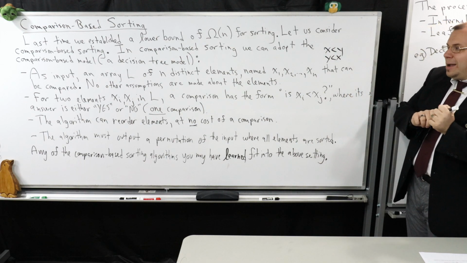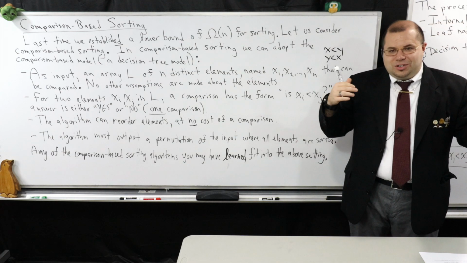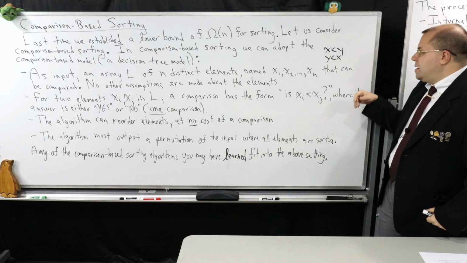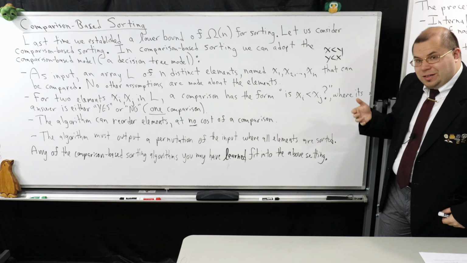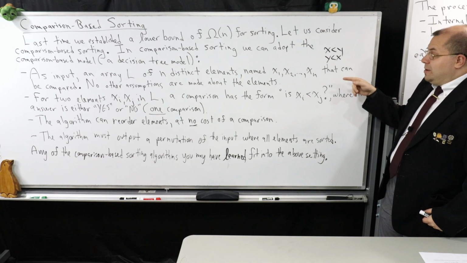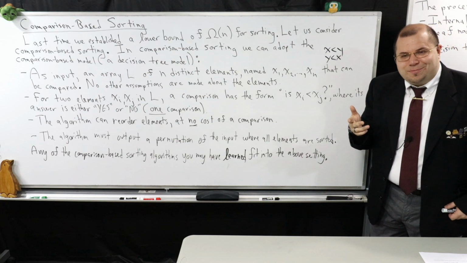I must stress that isn't necessarily needed for all the arguments. There are ways to generalize these arguments further, but it makes it easier for our discussion and for proving the bound. Also, when they're all distinct, those are all still instances of the sorting problem.